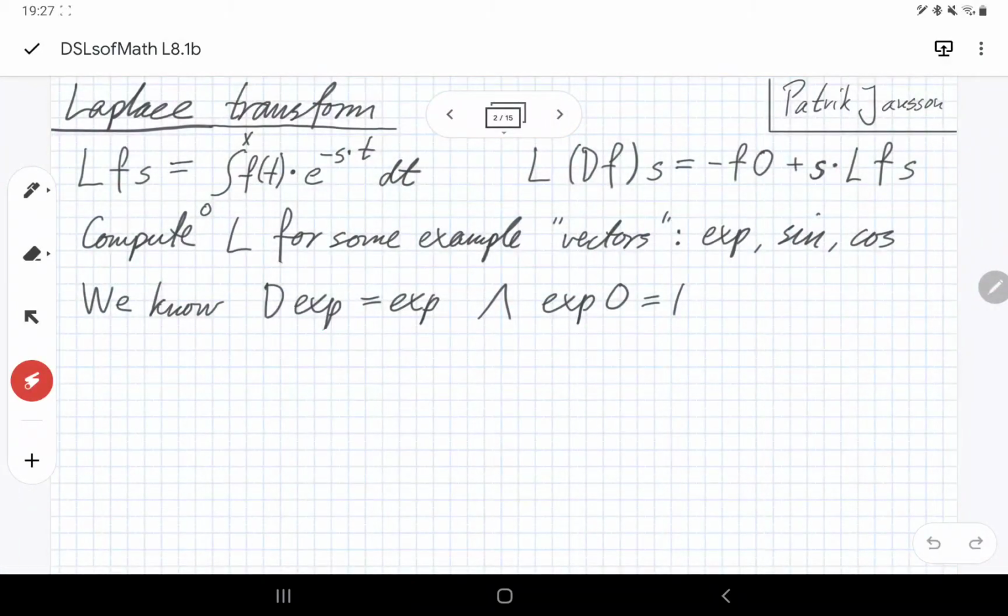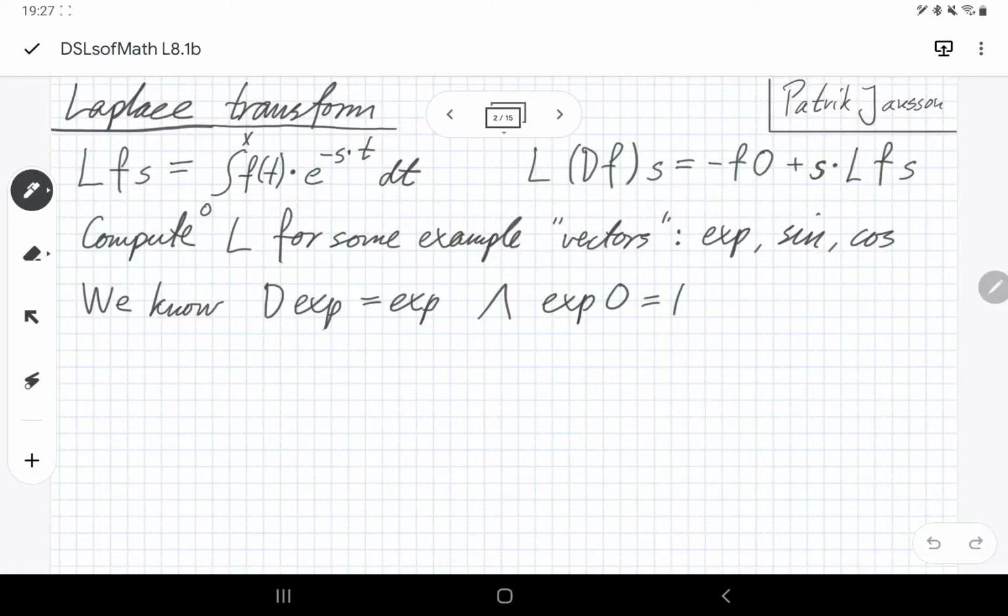Okay, let's try to compute the Laplace transform for some example vectors, the exponential, sine, and cosine. And we do that by using the Laplace derivative law, and when we have an ordinary differential equation specification.